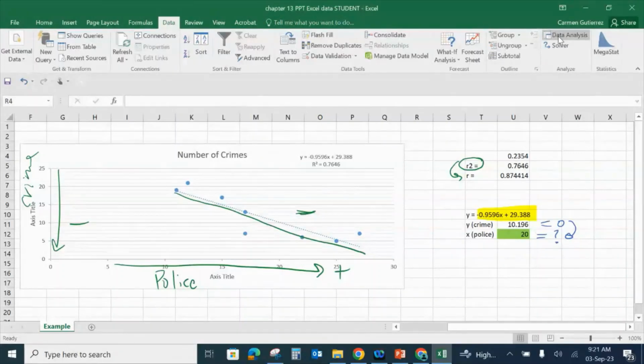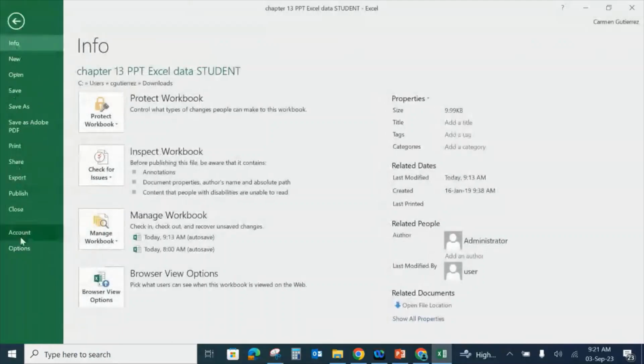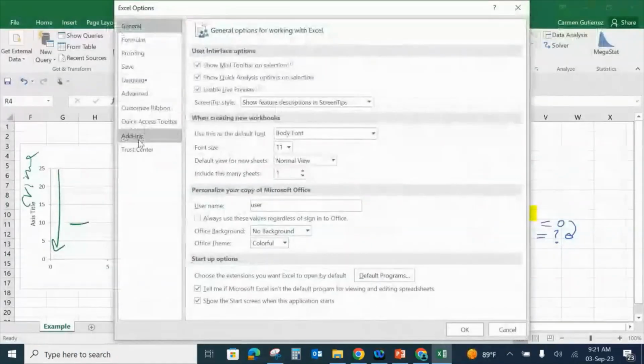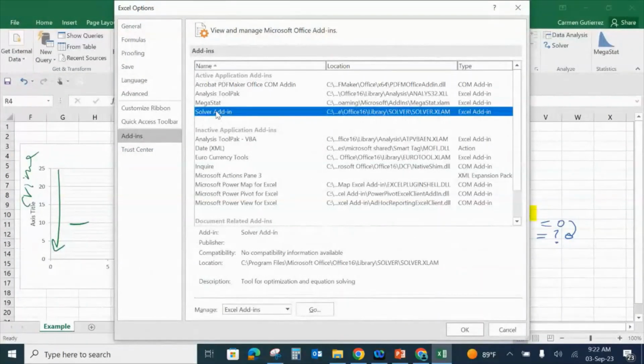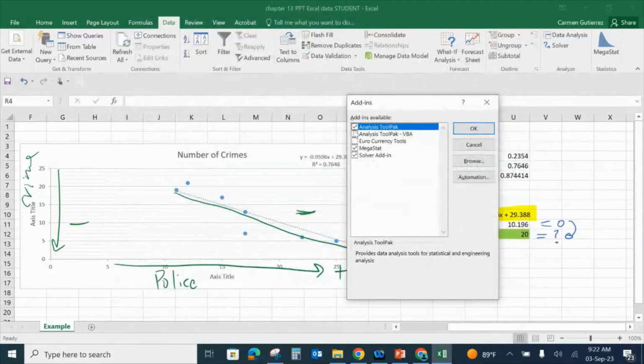So Data, Solver. If you don't have it, you can go to File, Options, Data Add-ins, and somewhere here you have Solver. Later on, we'll use Analysis ToolPak. If you don't have it, it's here. Okay, and then you say Go, and then you find this little window, you make sure it's clicked, and then you say OK.